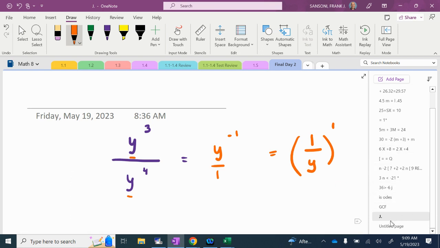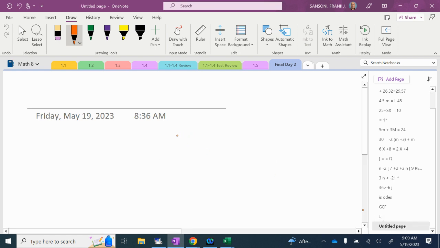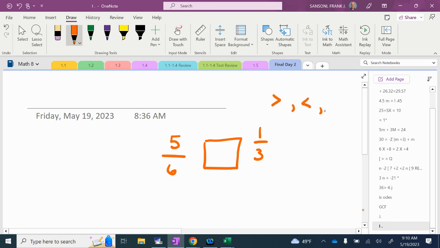39, some light work on some fractions. 5/6, box, 1/3. I need to know if it's that, if it's that, or if it's that. You say it's the second one? You think 5/6 is less than 1/3? Why don't we get common denominators just to verify?